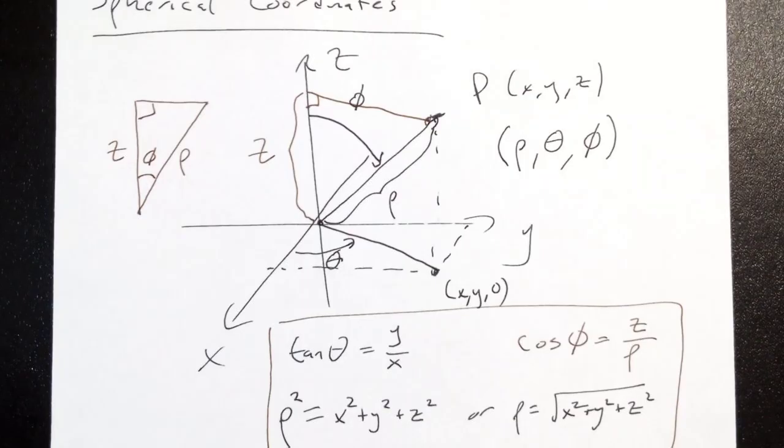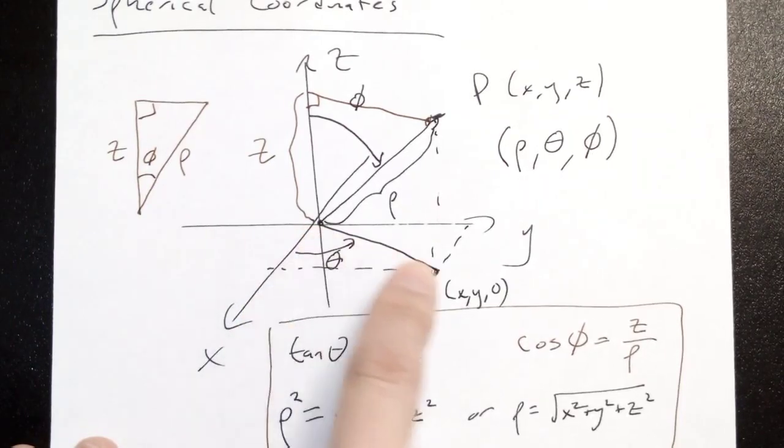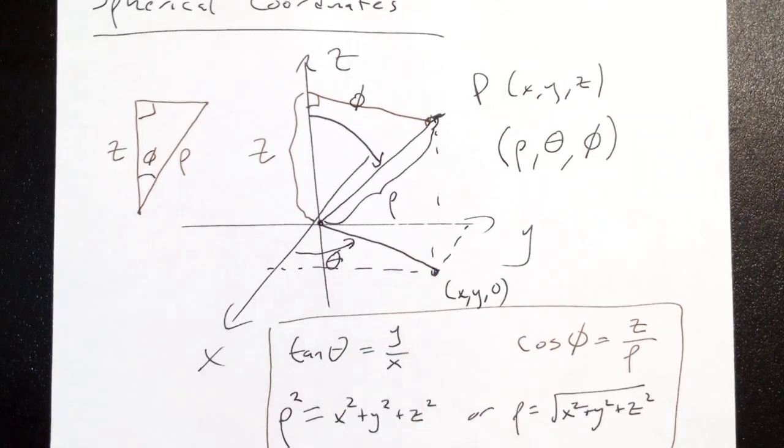I have rho. I don't have r. How am I supposed to get r? This is r. Yes? Where's another segment on this piece of paper that's the same length?